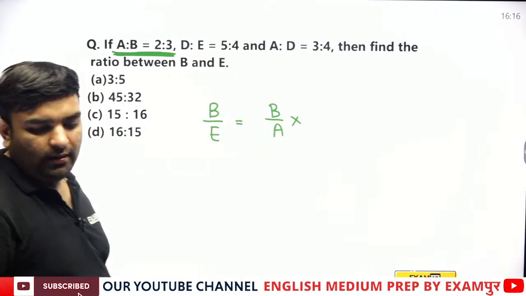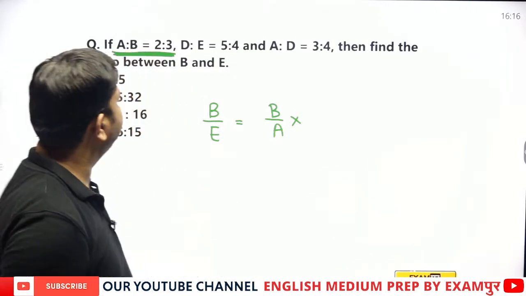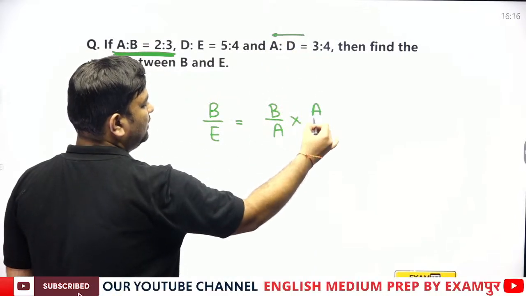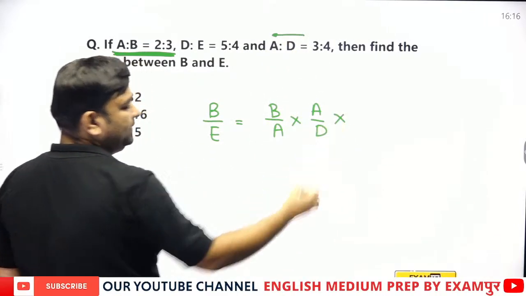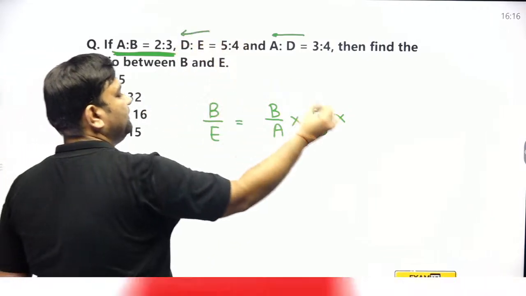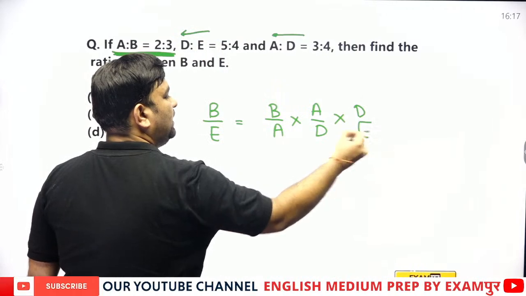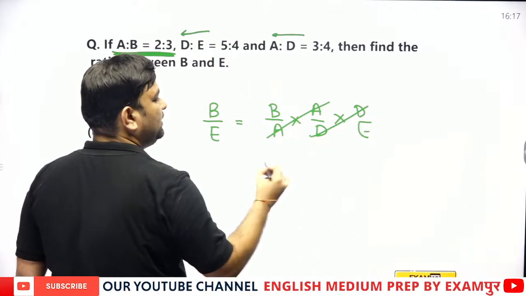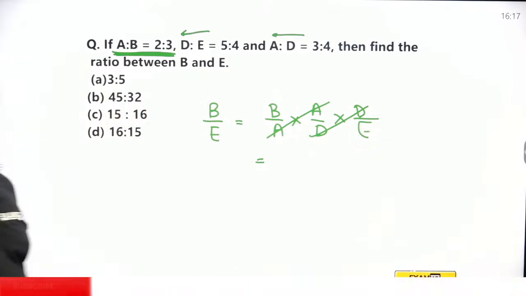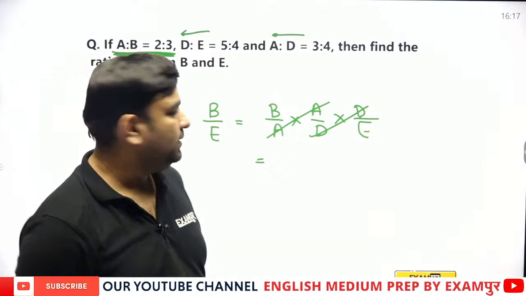Eliminate A, so use A by D. Eliminate D, so use D by E. As a result, you will get B by E.